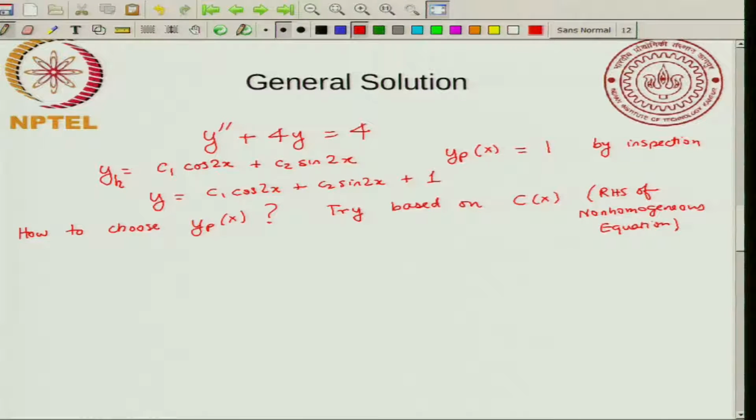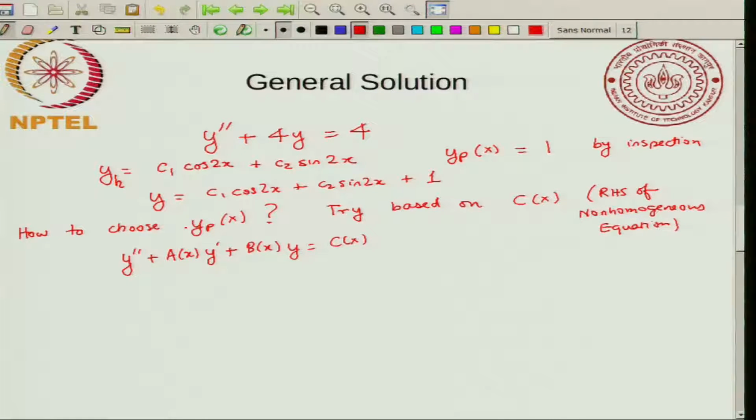So what I mean is, if your equation looks like y double prime plus a of x y prime plus b of x y equal to c of x, this thing equal to 0 is your homogeneous equation, and when it is not equal to 0, you have to worry about the non-homogeneous equation.